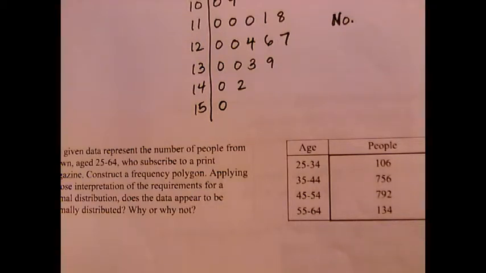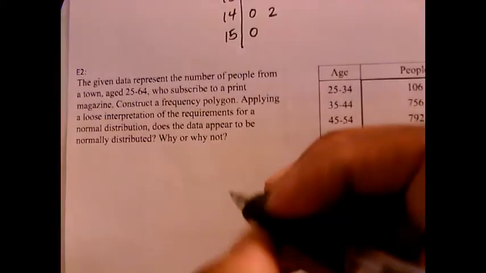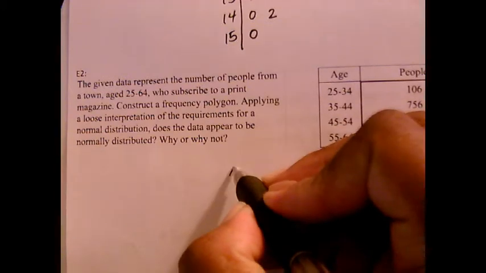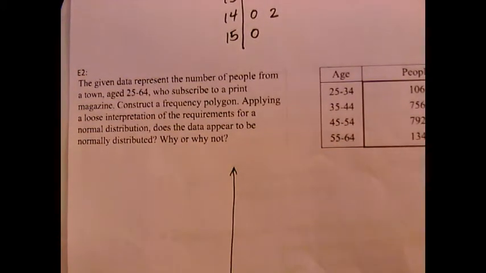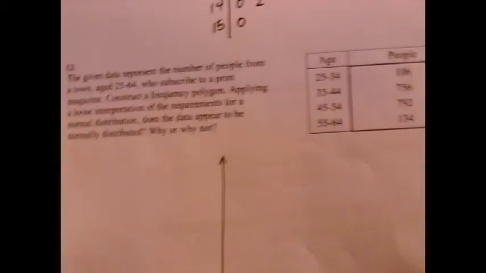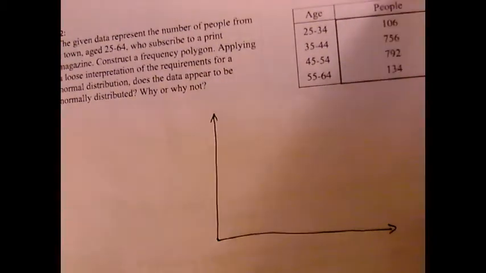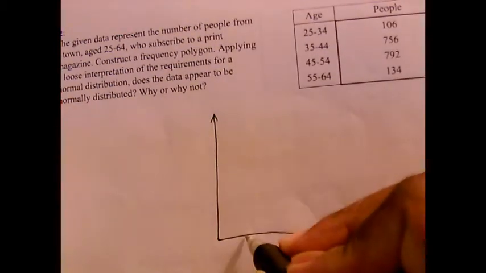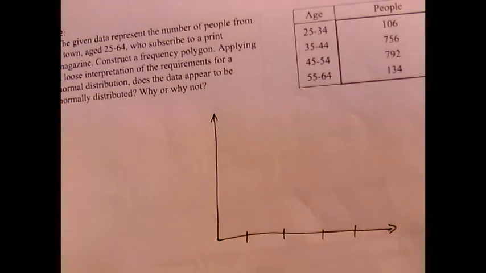And in this case here, we want to construct a frequency polygon. So we know we need a vertical axis and a horizontal axis. Now we got 4 classes, so we know we need 4 tick marks and 4 class midpoints.